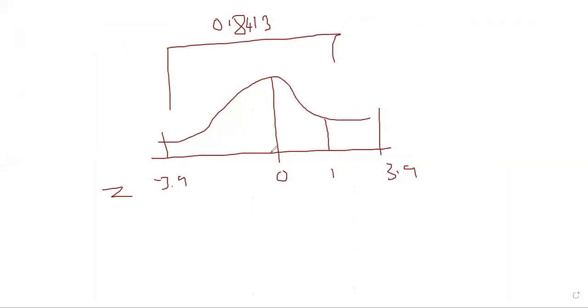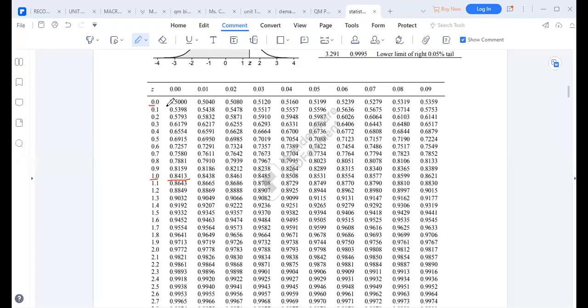Let's see from the table if that's true. At 0, it's giving you 0.5, so meaning this is 50% here. So I want you to digest this table. You will not be asked to memorize. Of course, for me, I've been looking at the table, so I may know some of the values prominently.